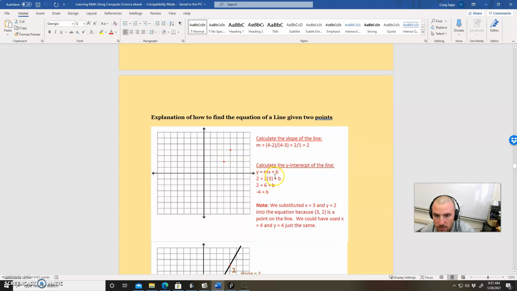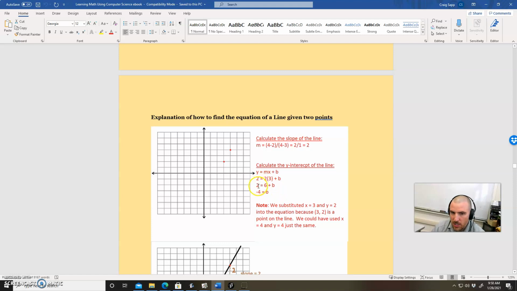So now to find the y-intercept, the way that we're doing it here is putting the slope back into y equals mx plus b, where we use either of the points as an x, y. In this example, we're using 3, 2. We're using this point, back into the formula to figure out what b is.